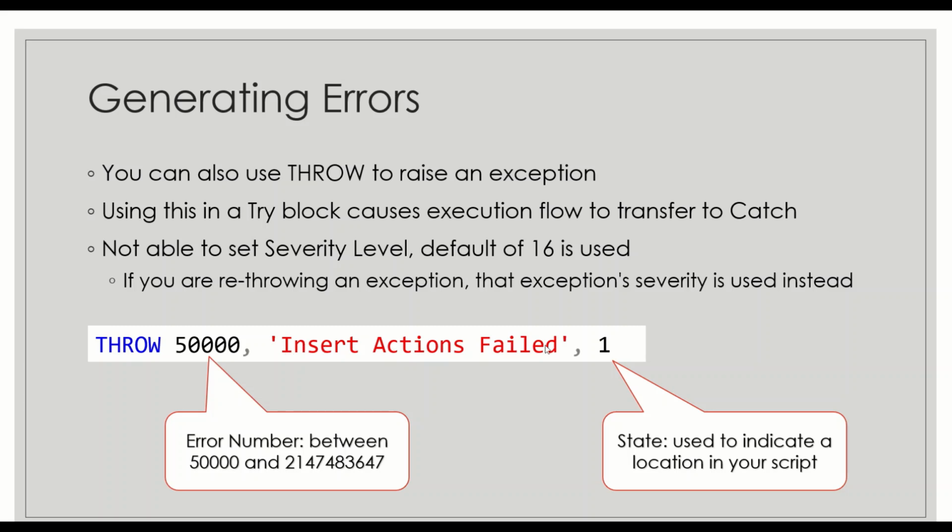Here we have the error message. I used the same one as the previous slide, and the state. So those are the same as the previous example. So we can put that code inside a try catch in order to generate an exception, force us into the catch block, and maybe roll back the transaction.